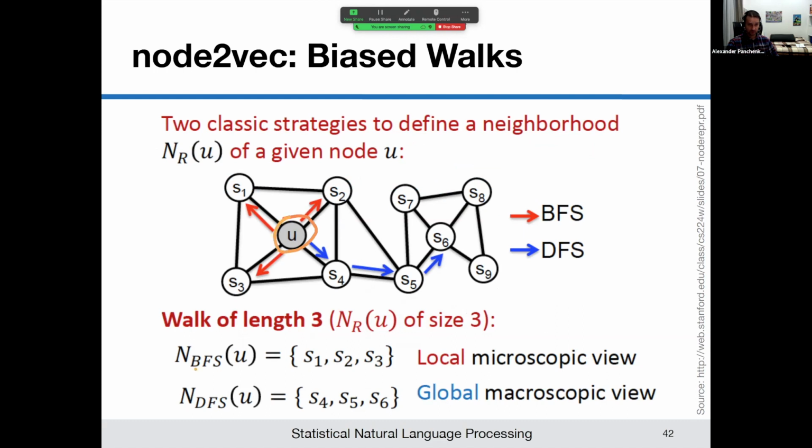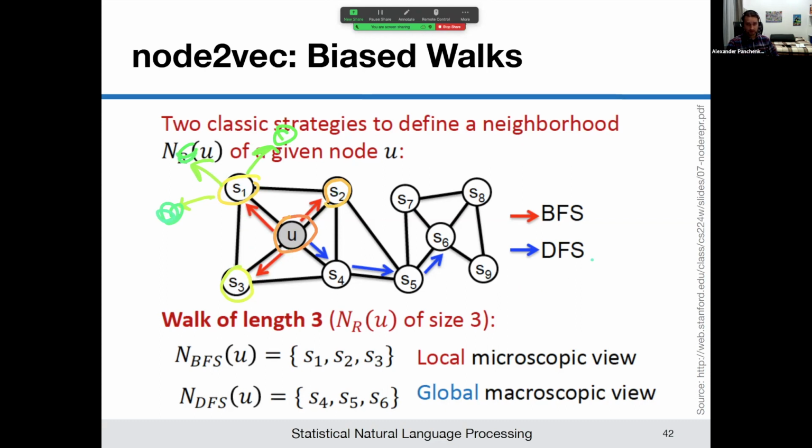So in BFS, you are going to explore all the neighbors first, right? And then once you have exhausted all the neighbors, you are going to pick one and then explore all the neighbors of this one neighbor, and so on and so forth.